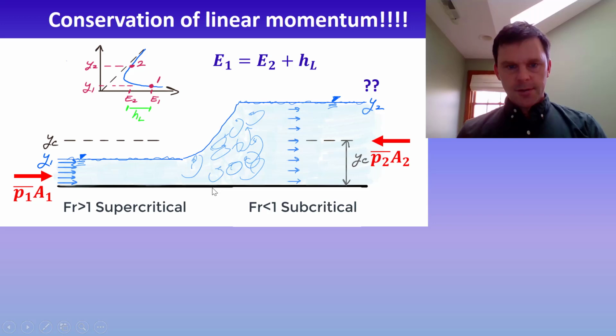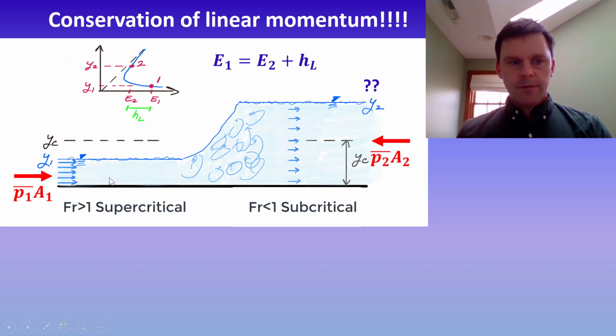So those are the two forces. There's really no other forces going on. We're not considering friction from the bottom of the channel. That's really a separate issue to the hydraulic jump. The jump will take place regardless of whether you have friction at the bottom or not. So to make it easy, we will say we have no friction at the bottom of the channel between 1 and 2.